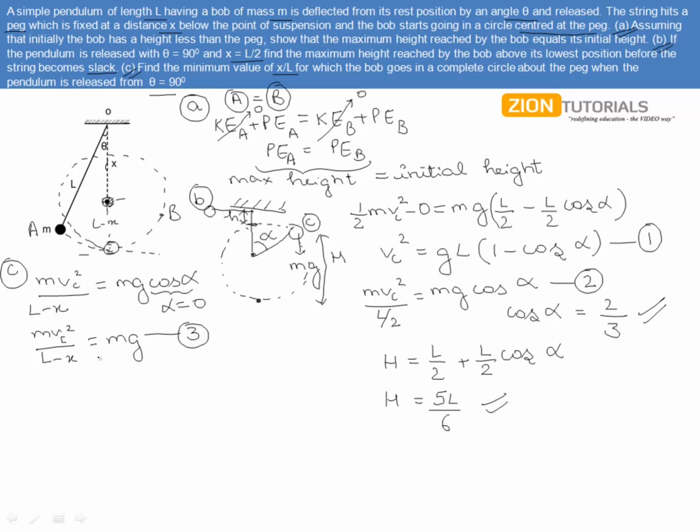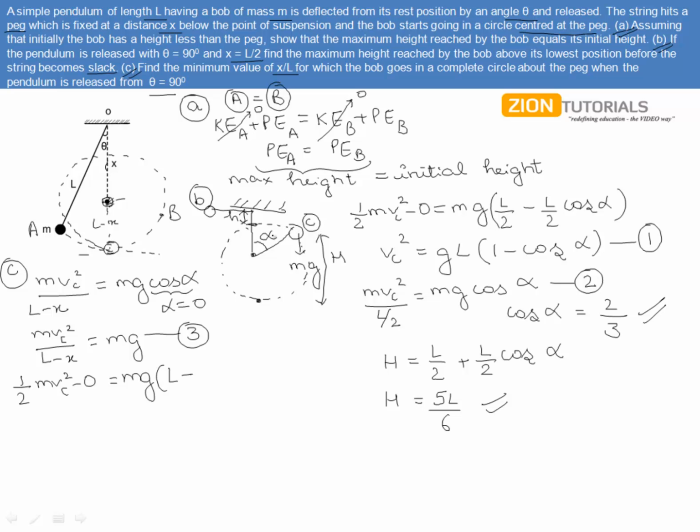Let us now apply the work energy theorem between point A and point C, which is the final point. Writing it down, half m Vc squared as the final kinetic energy minus 0, the initial kinetic energy, equals mg into height. Now what will the height be? The height will be this whole length L, minus, when this reaches the maximum height, the x part, L minus x, plus this L minus x.